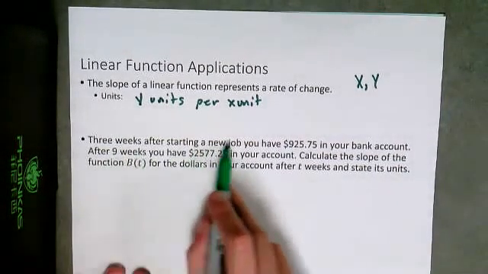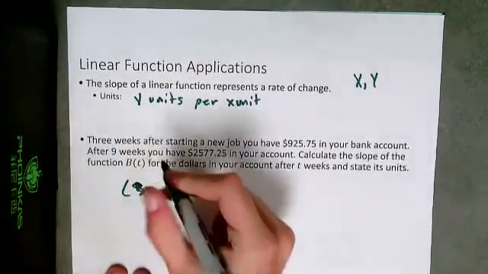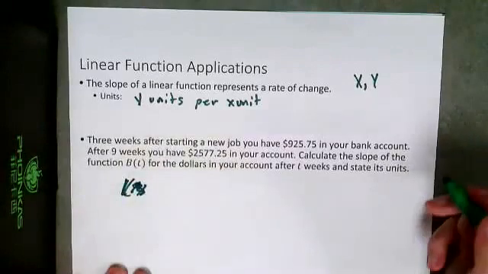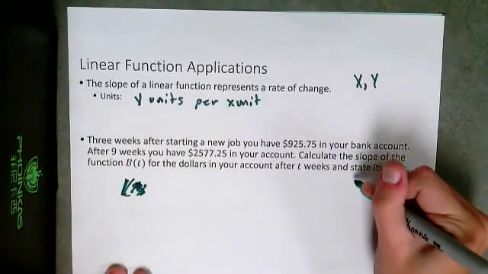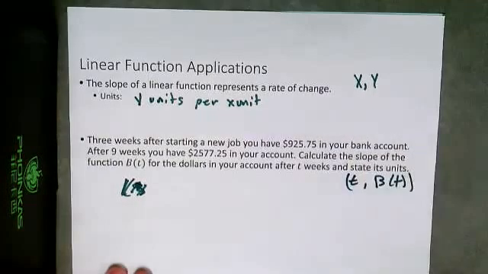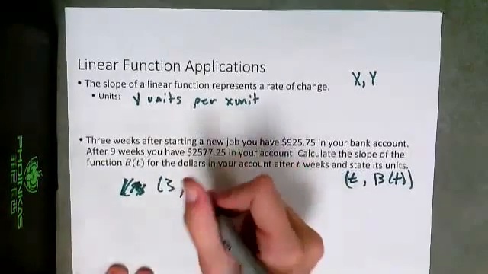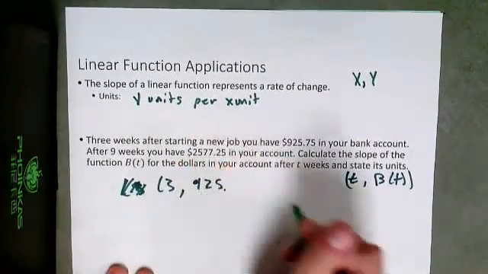So let's set up our points and our function. We have t comma b of t. Those are our points, right? So we have 3 weeks, we have 925.75.